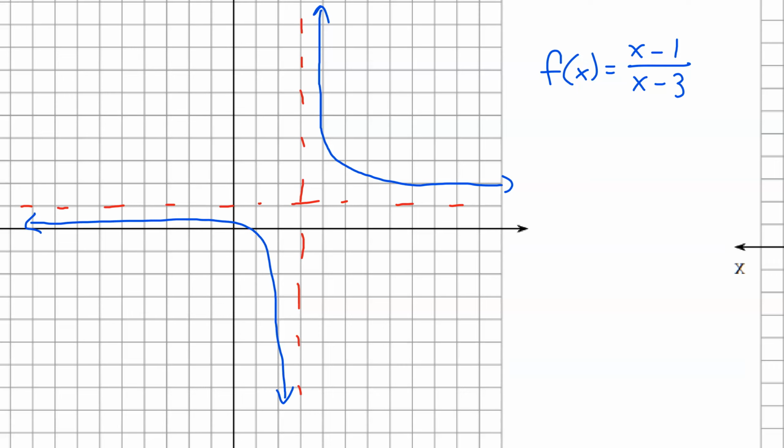So what this graph is doing is it's going to approach positive 3 as close as it can on the right and left sides, but it's never going to touch x being 3. It's going to do the same thing to y being 1. It's never actually going to touch those.